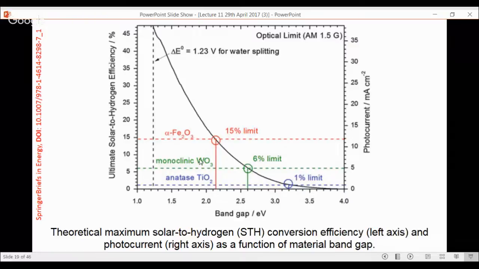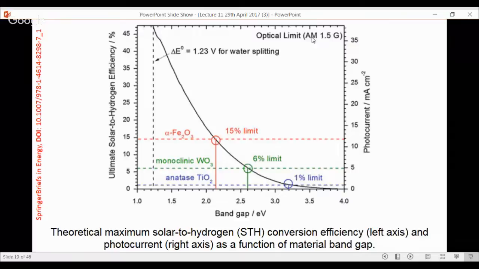Fe2O3. Monoclinic tungsten oxide is 2.6 electron volts. So now these are the materials that are available for us. What we are looking at is the efficiency corresponding to 1.23 volts, which will be without any bias, without any over potential.